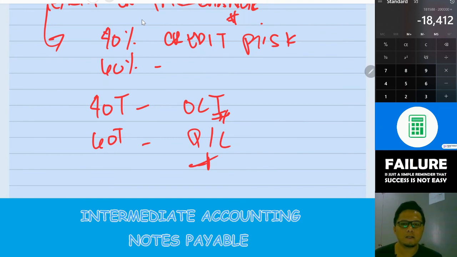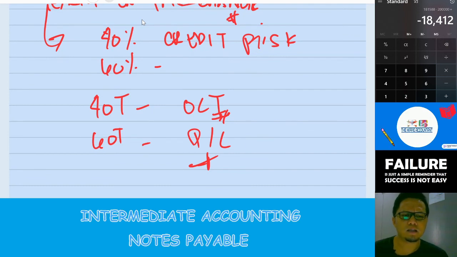Diba? Naalala niyo yan? Concept yan siya sa bonds payable, diba? With our previous discussion on bonds payable. Financial liability designated at fair value through profit or loss. Okay? So, I guess that's it for our notes payable.